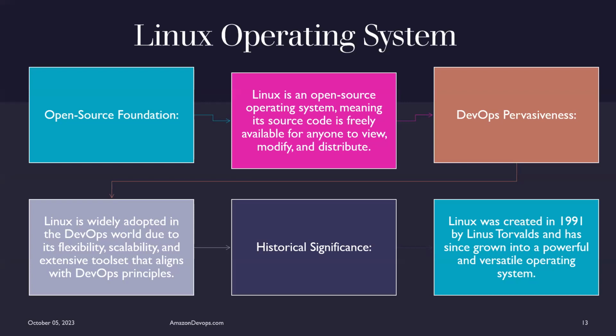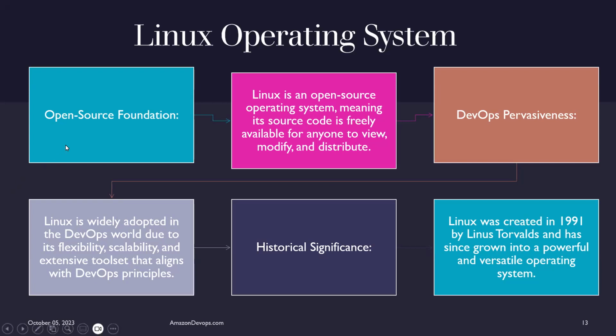We do have Mac OS, we do have iOS, we do have Android, and many others. But we are looking at the Linux operating system because it has many benefits. It's open source, which means a lot of people, the community is huge.